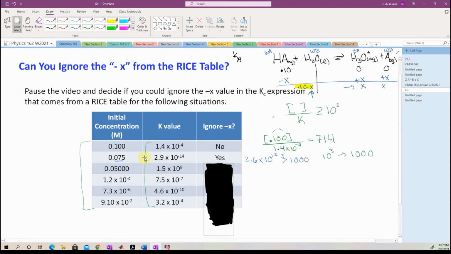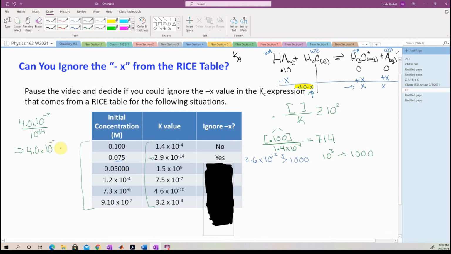Now, we've seen this is a teeny tiny K. One of the ways to mentally predict what's going to come out of this is that if I have, say, 4.0 times 10 to the negative 2 divided by 10 to the negative 14, without putting anything in my calculator, I have a negative exponent on the bottom. What's going to happen is that negative is now pulled up into the top.